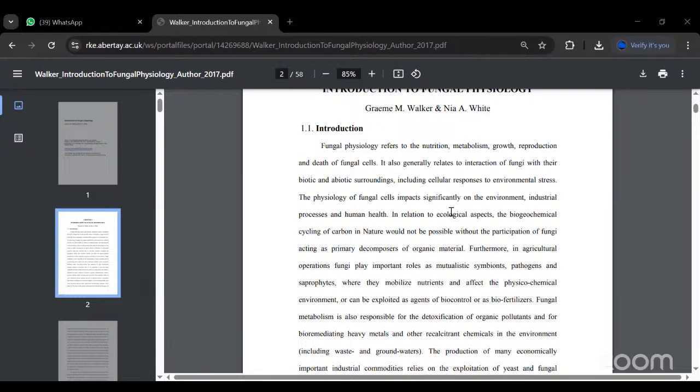And death of the fungal cells. That is the biogeochemical cycles, and these include decompositions.